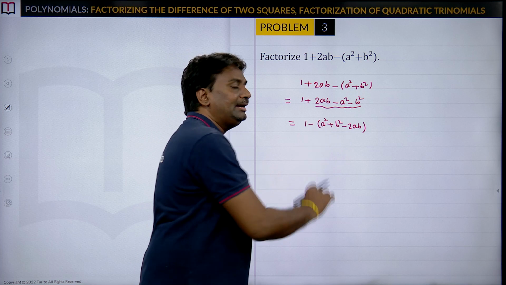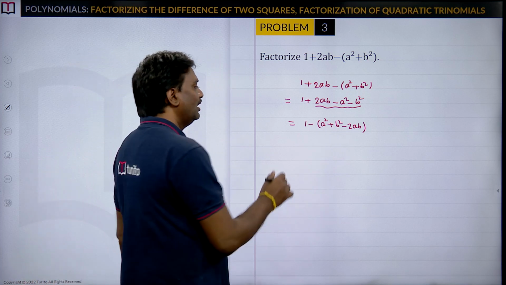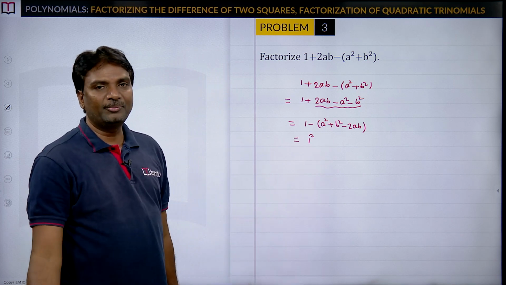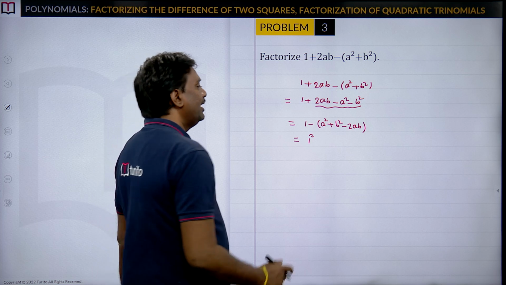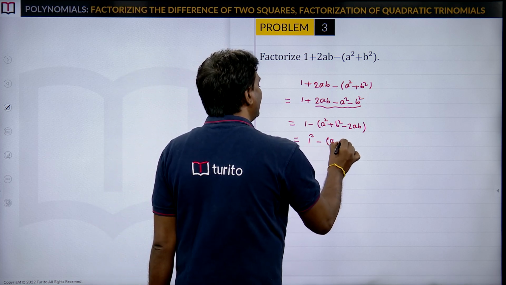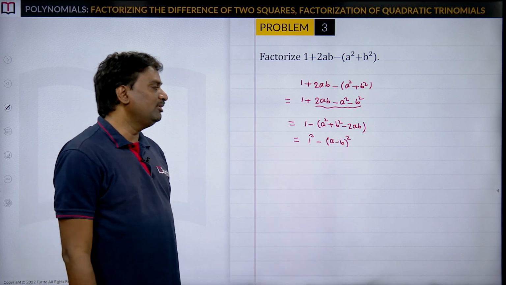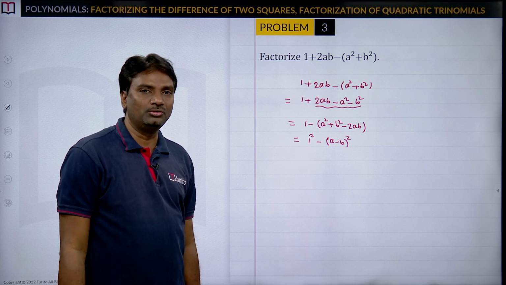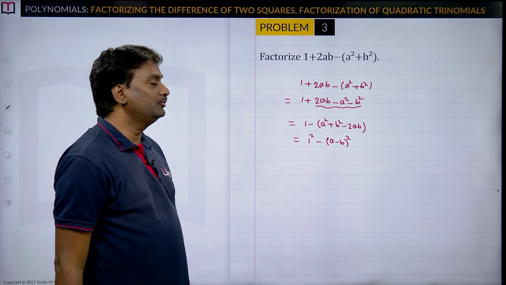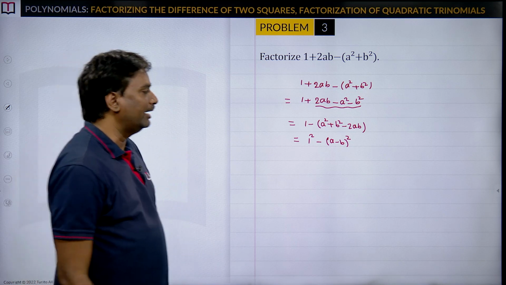That is why we can write the terms in the bracket as a minus b whole square, where 1 can be written as 1 square. So, whatever the power of 1 may be, you will get 1 only. Minus of a square plus b square minus 2ab can be written as a minus b whole square. Now, by observing 1 square minus of a minus b whole square, clearly that is the difference of two squares. So, where a equal to 1 and b equal to a minus b.